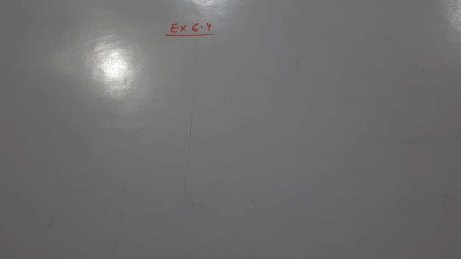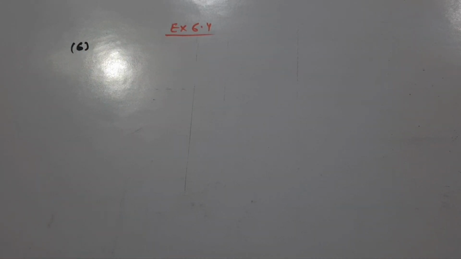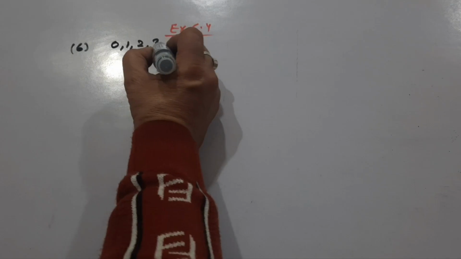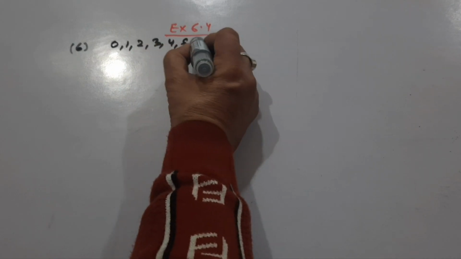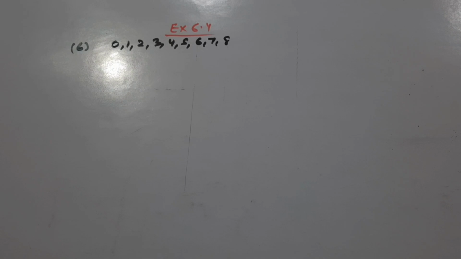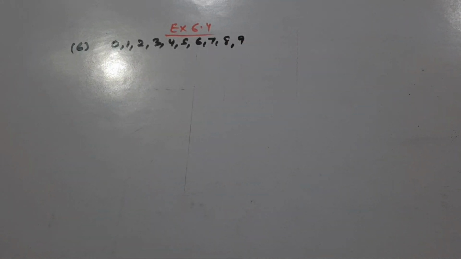Now number 6 question, students. The statement is, how many 6-digit telephone numbers can be constructed with the digits 0, 1, 2, 3, 4, 5, 6, 7, 8 and 9, if each number starts with 35 and no digit appears more than once.